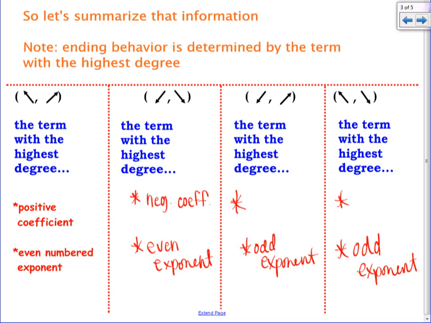Yep, so this will be the positive coefficient. So this one's the negative coefficient. So we're going to be able to look at an equation of a polynomial and determine which direction the arrows are pointing. Questions on this?